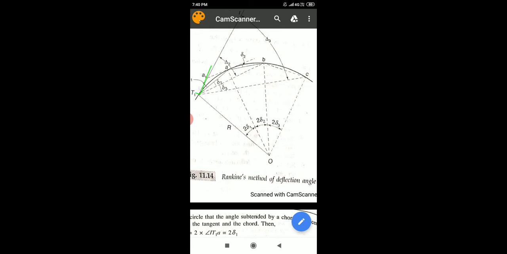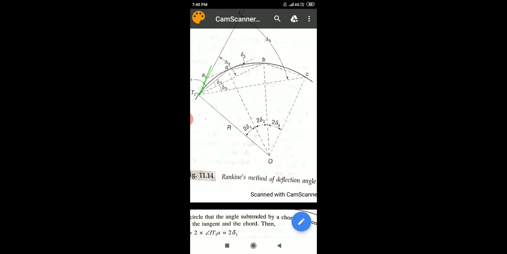From the property of a circle, the deflection angle is equal to half the angle subtended by the arc at the center. You already learnt this in mathematics.